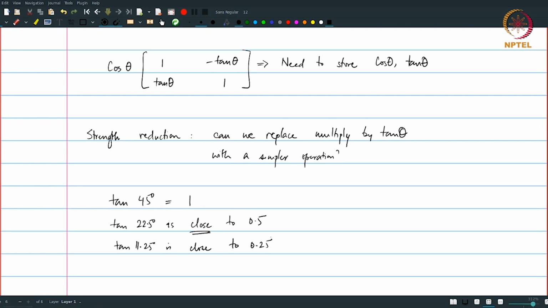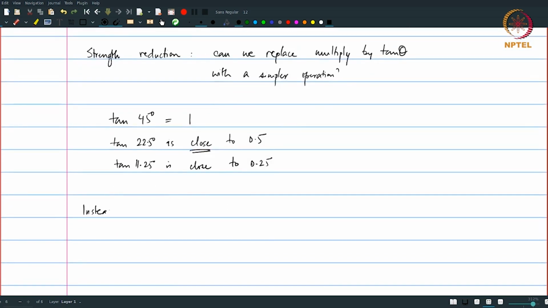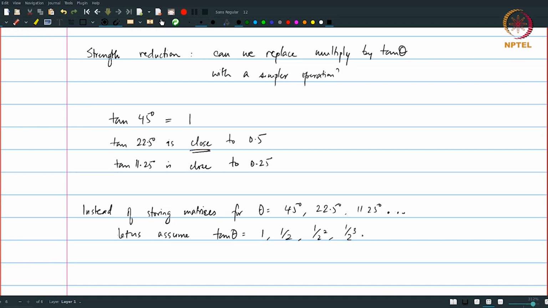So how about if we invert the way that we are going about these computations and say that instead of storing matrices for theta equal to 45, 22.5, 11.25 degrees and so on, let us assume tan theta goes in the sequence 1, 1 by 2, 1 by 2 square, 1 by 2 cubed and so on, and find out what are the corresponding values of theta.